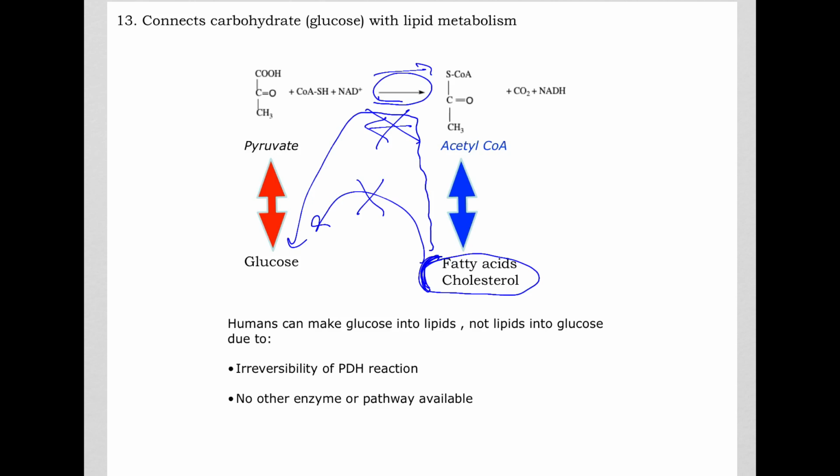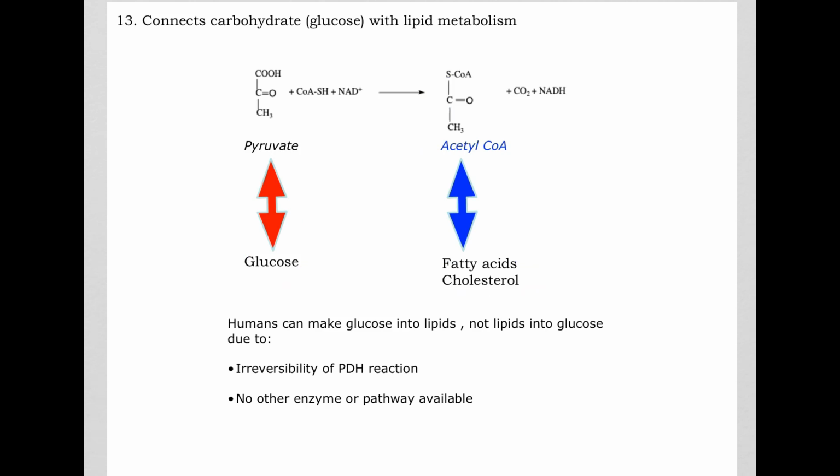One reason is because this reaction is irreversible. It can never happen in this direction. The second reason is we just don't have any other mechanism or any enzyme to make fatty acids or lipids into glucose. So this is a very important point that we shall elaborate on further when we talk about starvation states that humans get into.